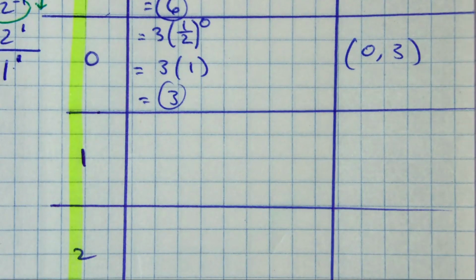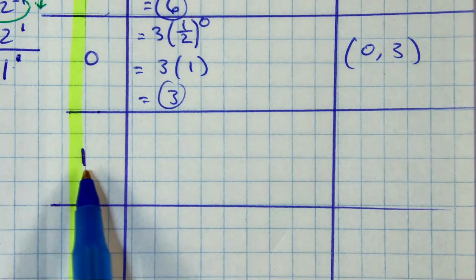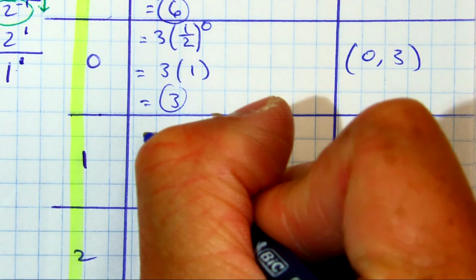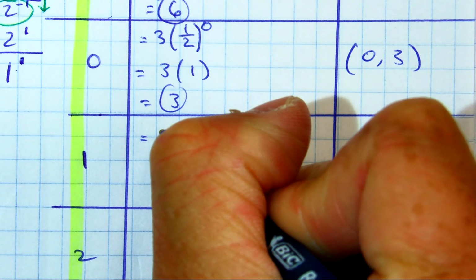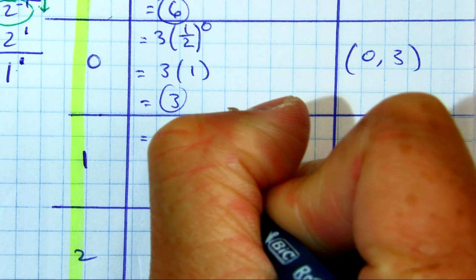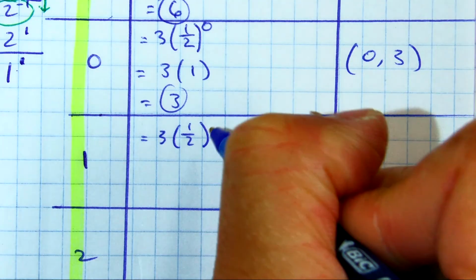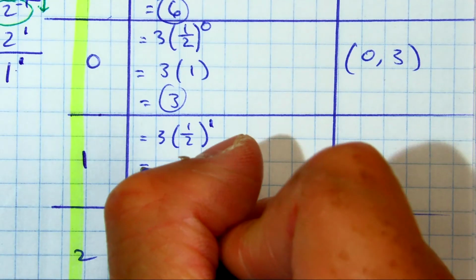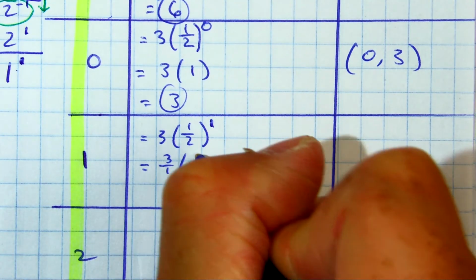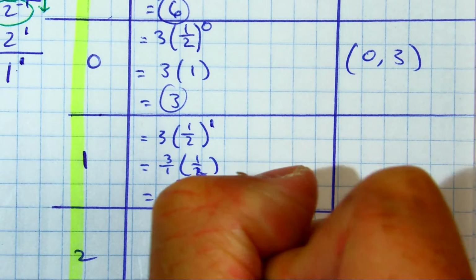And then the positive integers should be a lot easier, right? Annalene, go ahead and tell us the first one. Which is 3 over 2.